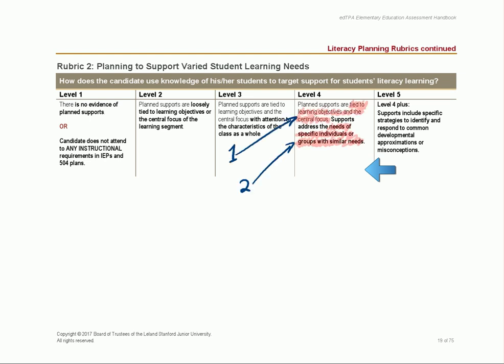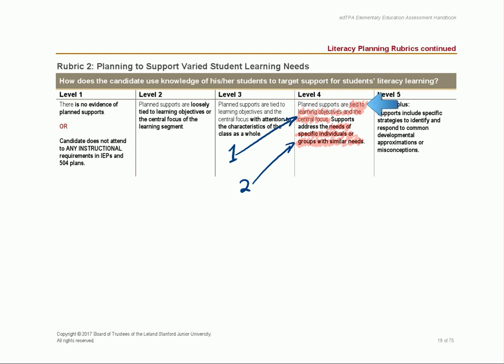If we look here at 4, first, planned supports are tied to learning objectives and the central focus. Okay, so that's similar. But now look at the second part here. Supports address the needs of specific individuals or groups with similar needs. So this second part is the part that moves you from a 3 to a 4.